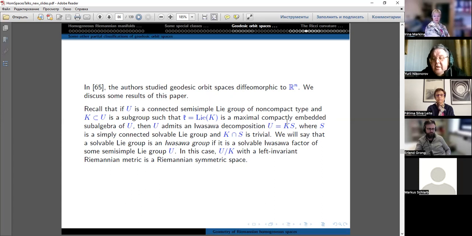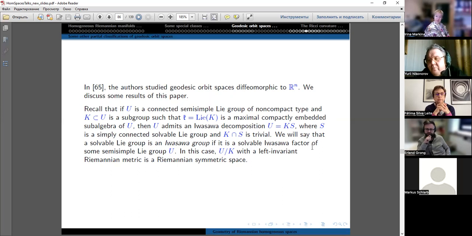U is the product KS, where S is a simply connected solvable Lie group, and the intersection is trivial. And we will say that a solvable Lie group is an Iwasawa group if it is a solvable Iwasawa factor of some semi-simple Lie group. It's just a definition.